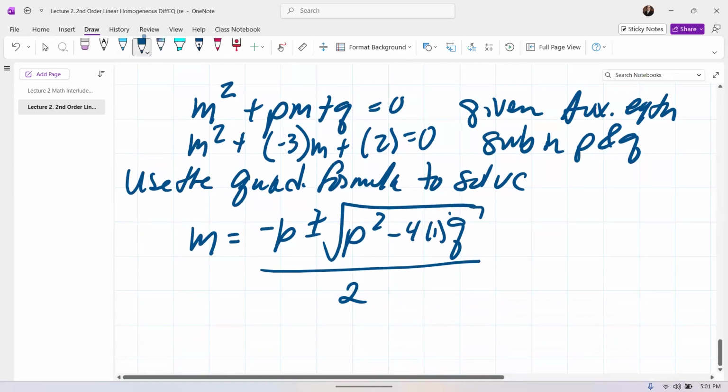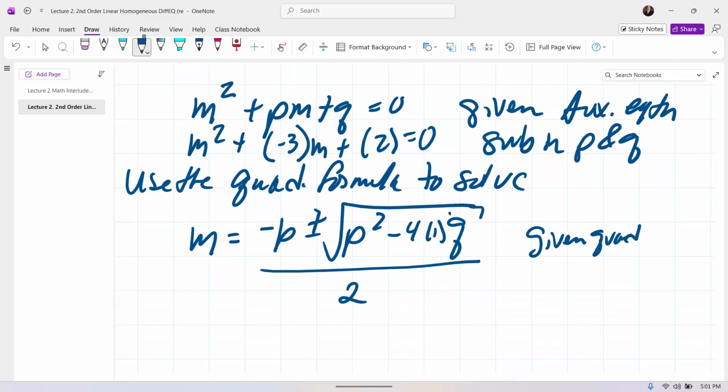This is the given quad formula for the auxiliary equation, which follows directly from what we did in algebra.